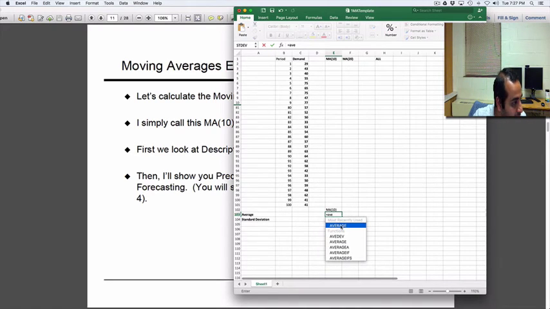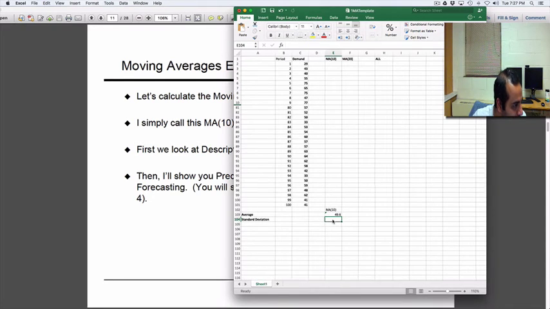For the last 10 data points, starting at first, 2, 3, 4, 5, 6, 7, 8, 9, 10. You can see when you scroll, you see 10. All right, so I use 10 data points. My average is 49.6.